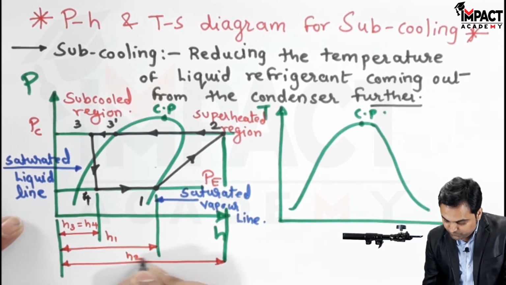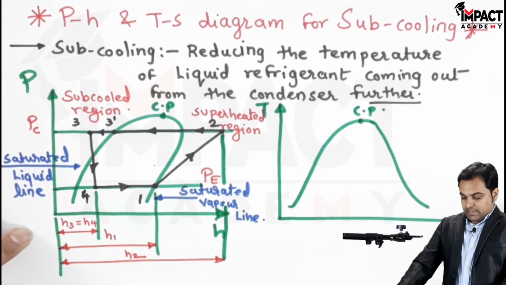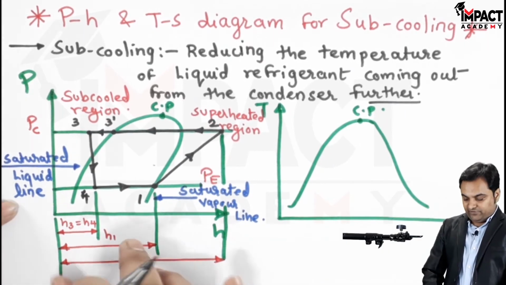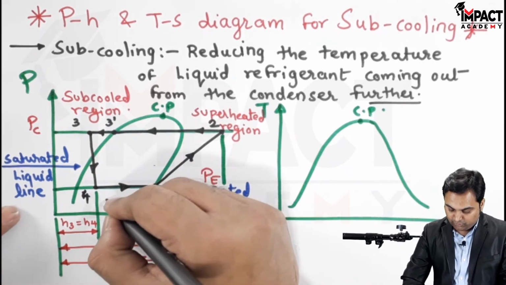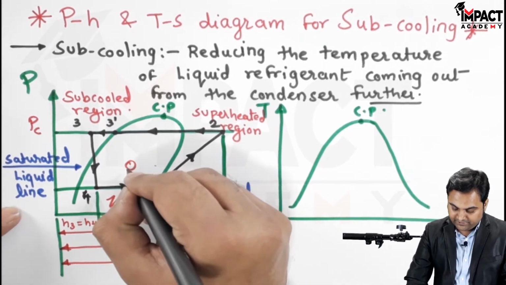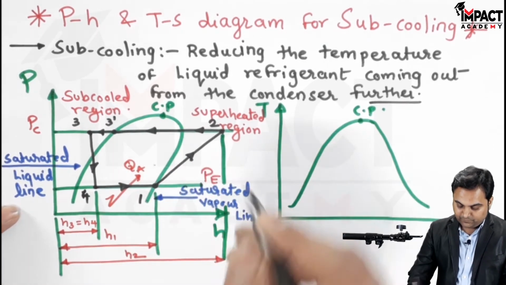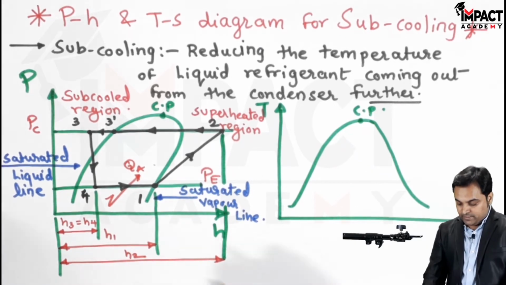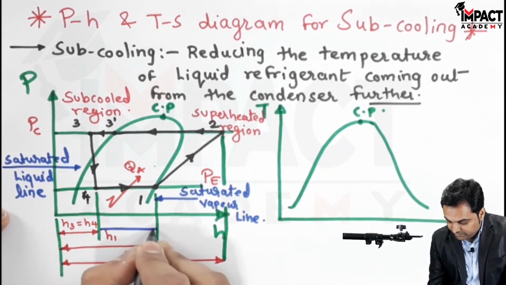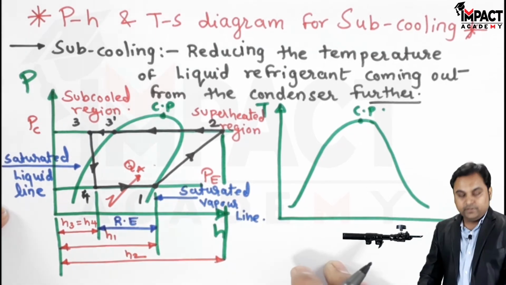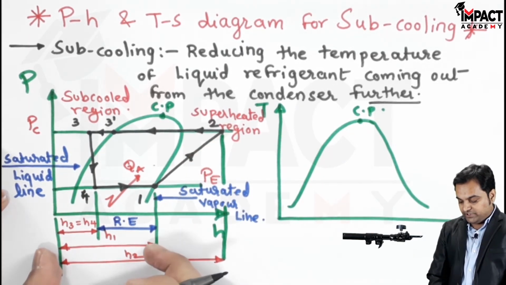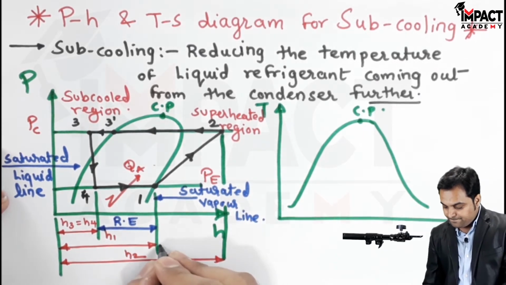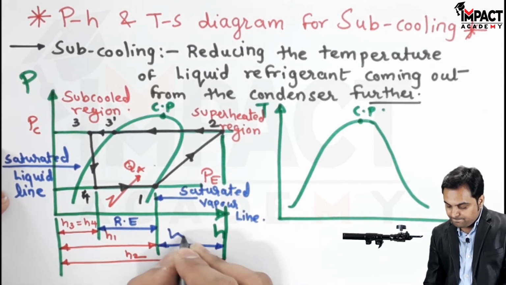This is H2. And we feel the refrigeration effect from 4 to 1, that shows the evaporation or the absorption of heat. So it is heat absorbed in the evaporator, and here we are getting RE. Next, the work supplied to the compressor is from H1 to H2, so it is H2 minus H1.